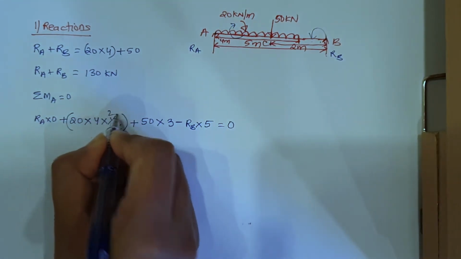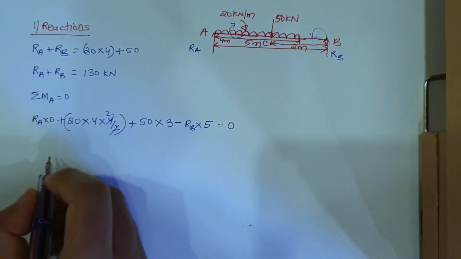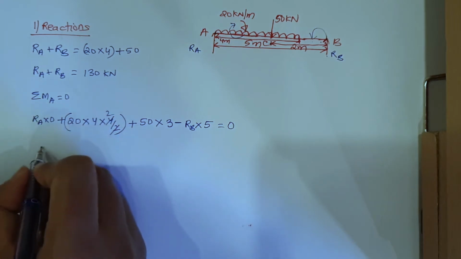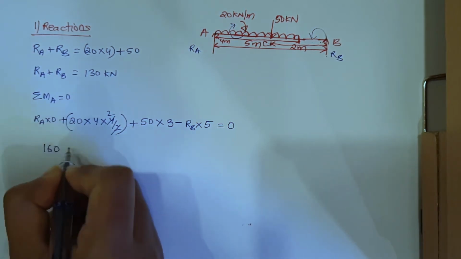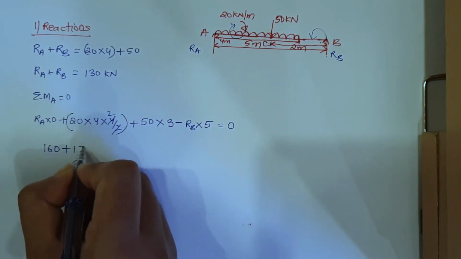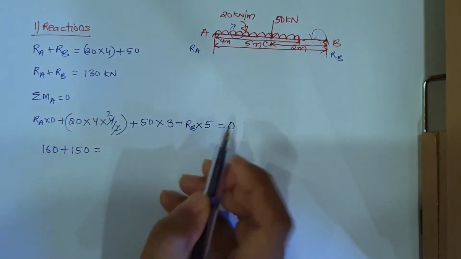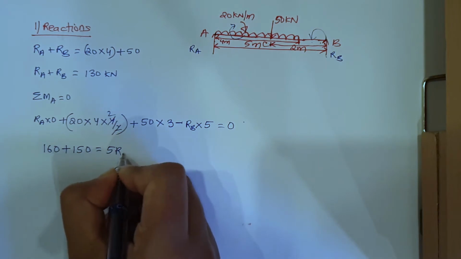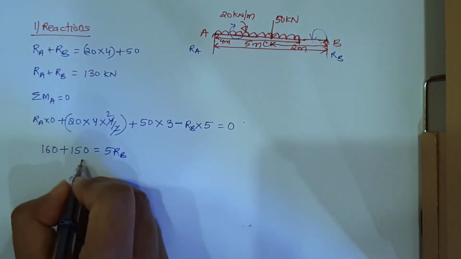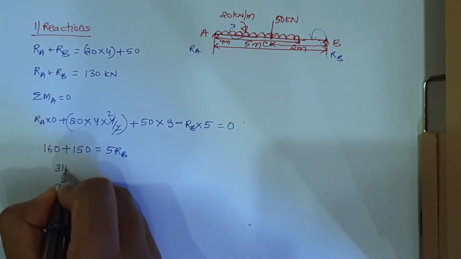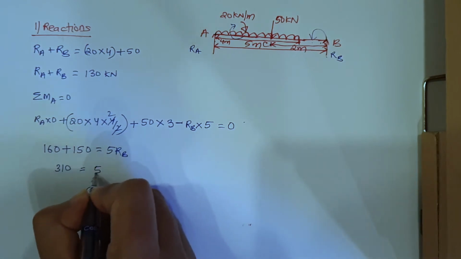Now if I cancel from here, I'll be getting 20 into 4 into 2 equal to 160, plus 50 into 3 which is 150, equals, sending this to the right hand side, 5RB. Now adding these two, I'll get 310 equals 5RB.